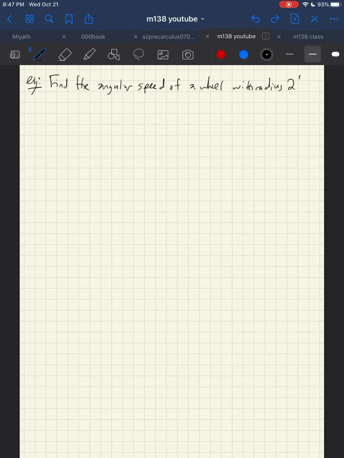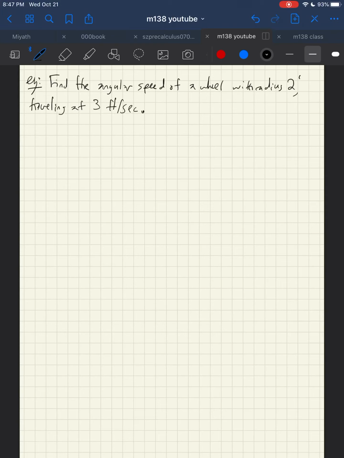So 2 prime means 2 feet. I've used this notation for feet, and I've also used ft for feet. I'm not trying to be confusing, just showing you some of the different ways you can indicate feet.